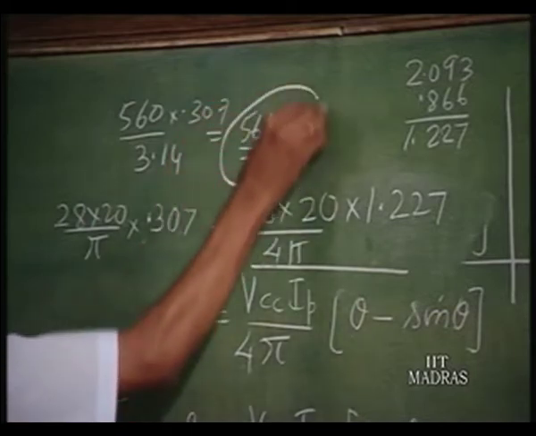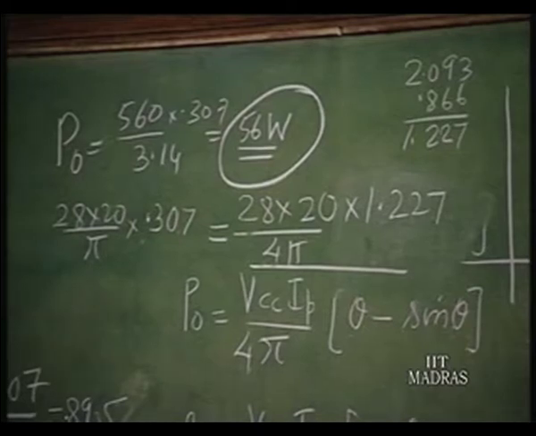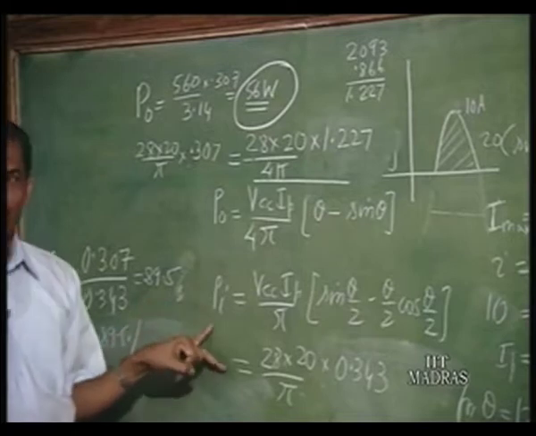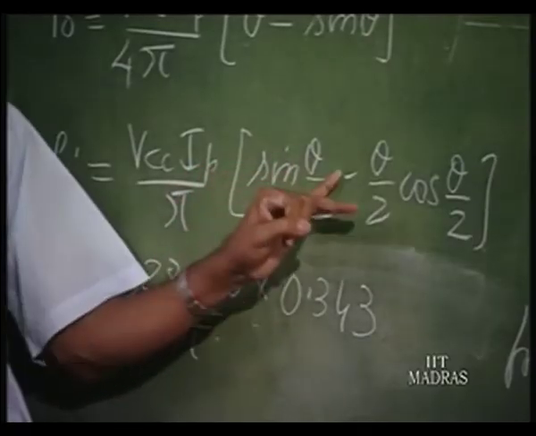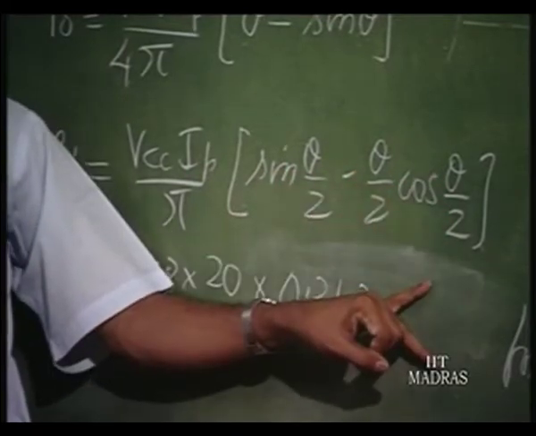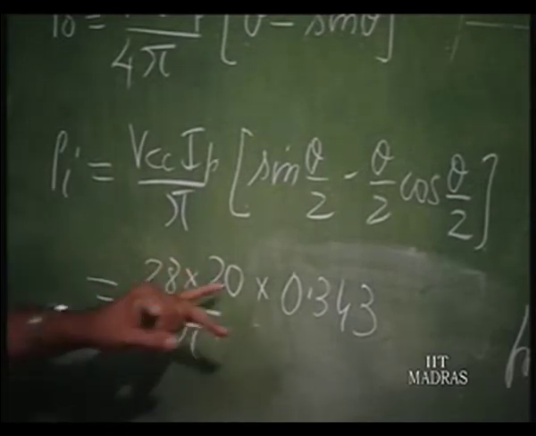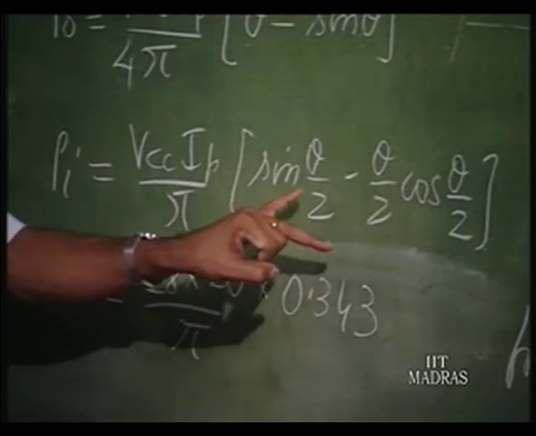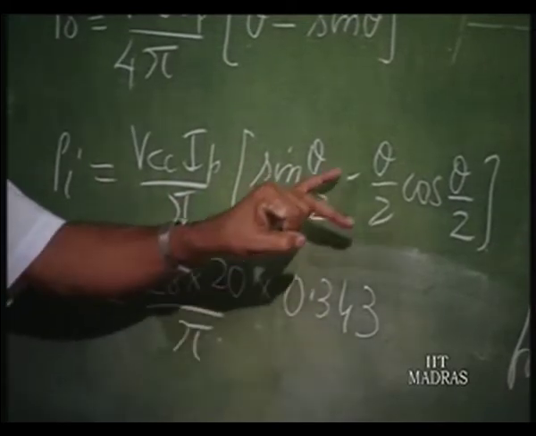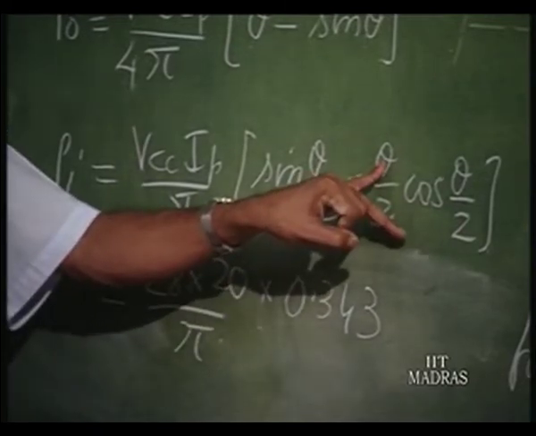So, this is the output power, 56 watts. Now, the input power, let us find out. VCC IP by pi into sin theta by 2 minus theta by 2 cos theta by 2 is defined as the input power, which is 28 into 20 by pi into sin theta by 2, which is sin 60, into theta by 2, theta being 2 pi by 3.